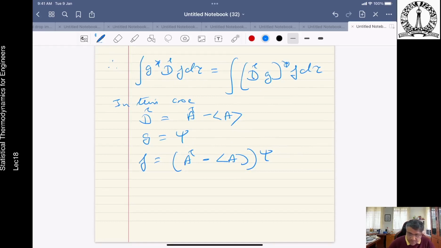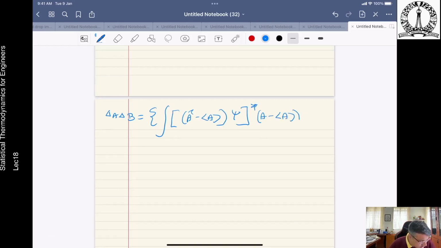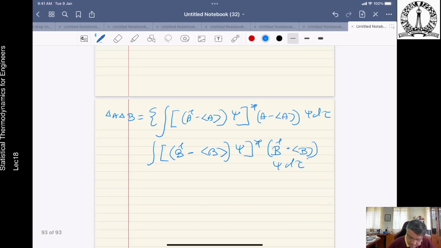Okay, so once we get these rules all set, delta A into delta B is given as A hat, and then of course you have that thing raised to the power.